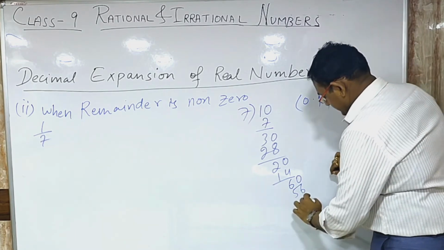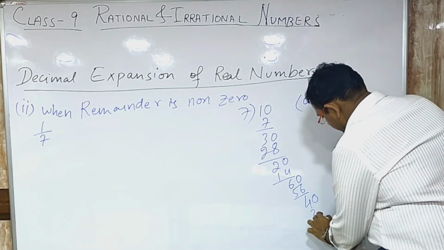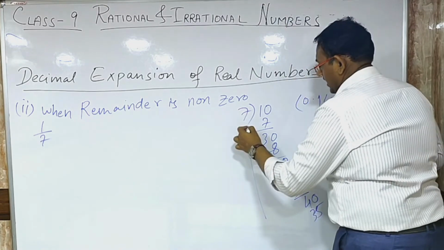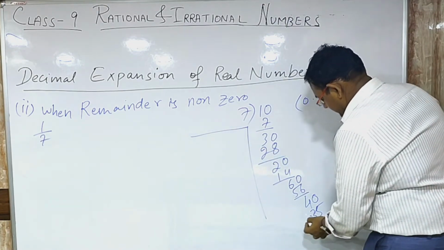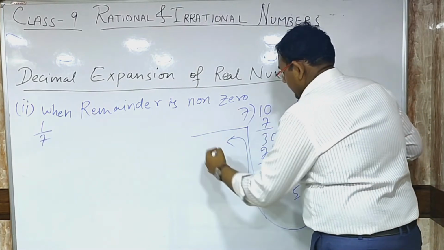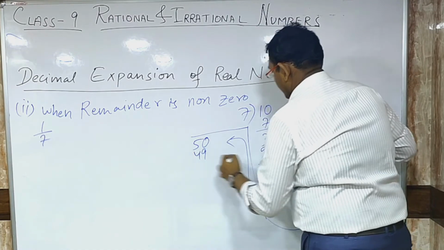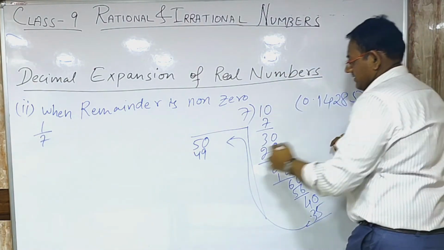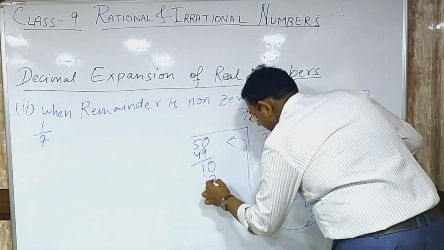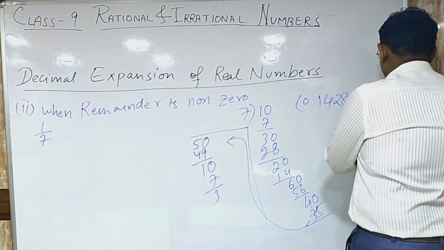Then we get 4, then 0, so 40, 35, and this is 5. I am going to continue this division. Then 50, 49, which is 7. Then again we get 1, and then 0, and again we write 7 over here, so we get 3 over here. So again we are basically getting 1.